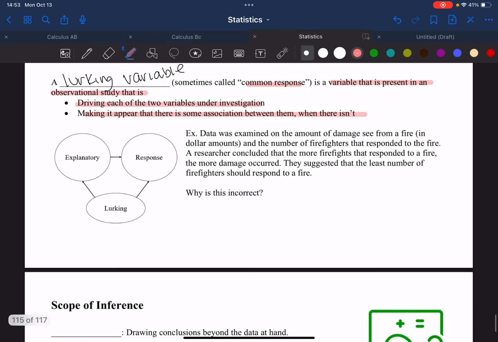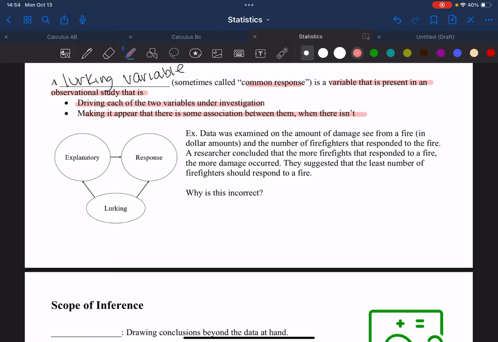For example, data was examined on the amount of damage seen from a fire in dollar amounts and the number of firefighters that responded to the fire. A researcher concluded that the more firefighters that responded to a fire, the more damage occurred. They suggested that the least number of firefighters should respond to the fire.